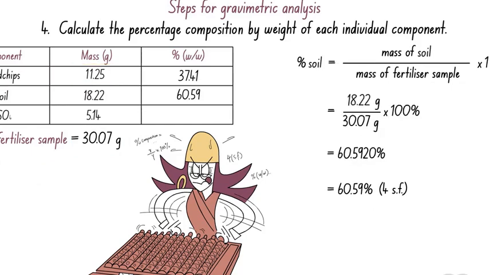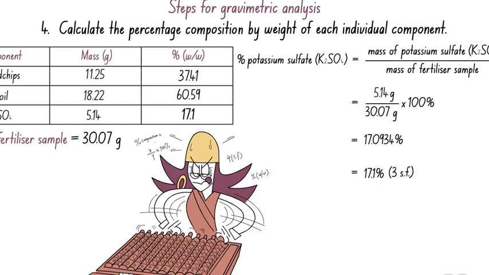She follows this process again to determine the percentage by weight of soil in the mixture, which is 60.59%. Similarly, she finds the percentage by weight of potassium sulfate in the mixture is 17.1%.